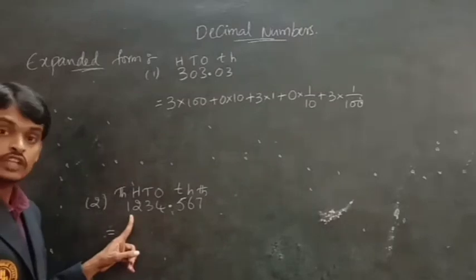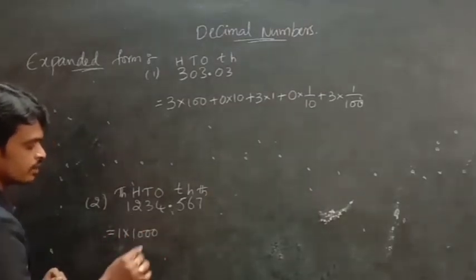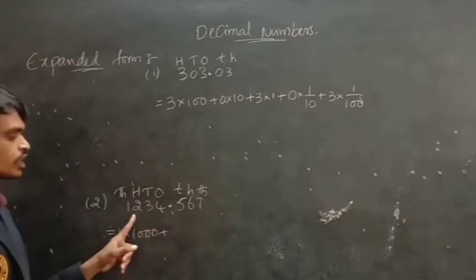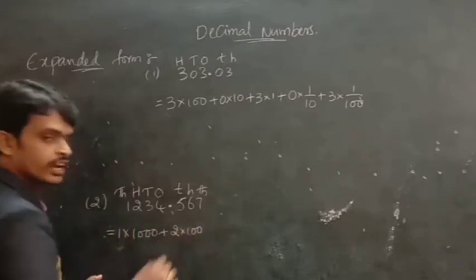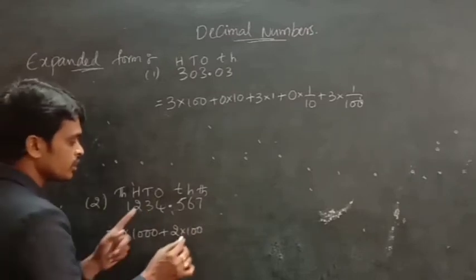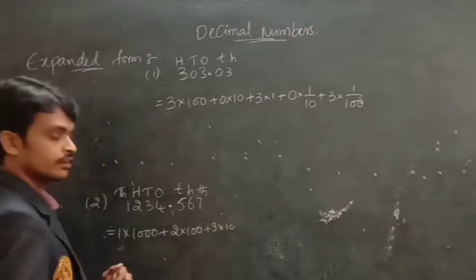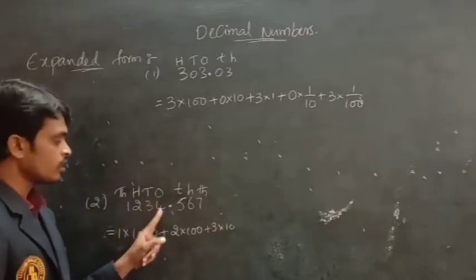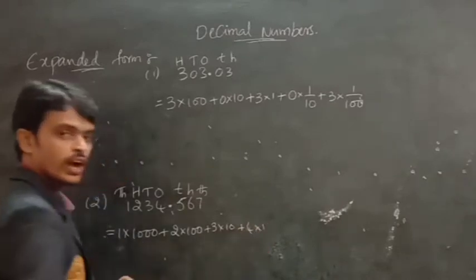Now let us write the expanded form. 1 is in the thousands place, so 1 into 1000, plus 2 is in the hundreds place, 2 into 100, and 3 is in the tens place, so 3 into 10, and 4 is in the ones place, so 4 into 1.